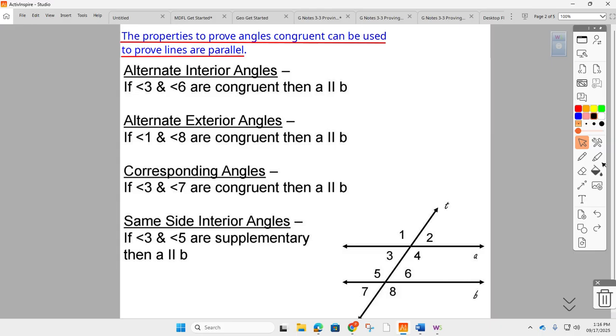Interior means in between the lines. So we have 2 lines crossed by a transversal. So 3, 4, 5, and 6, they're in between these 2 lines. So that's what we mean by interior, in between the lines. Exterior means on the outside of either of those lines.